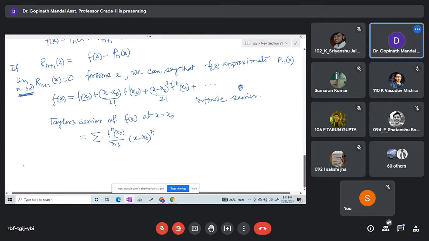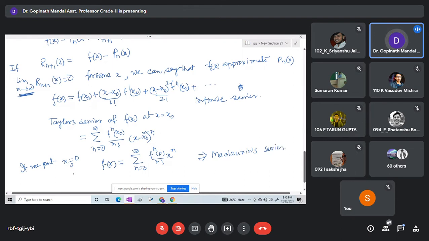Now if we put x0 equal to 0, then fx will be the summation n equal to 0 to infinity of f^(n)(0) by factorial n times x to the power n, and this series is called the Maclaurin series.